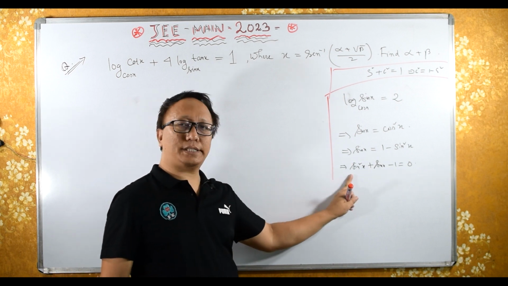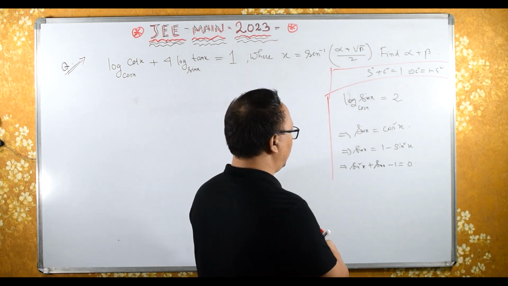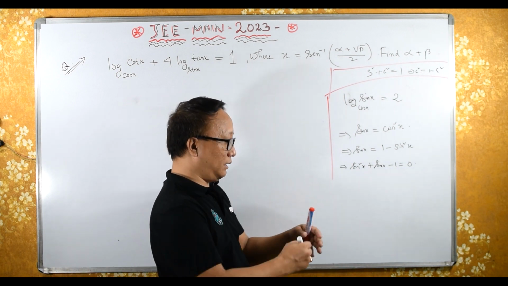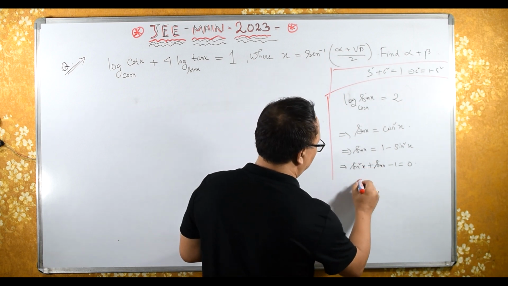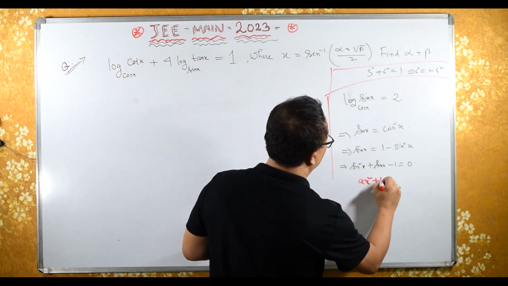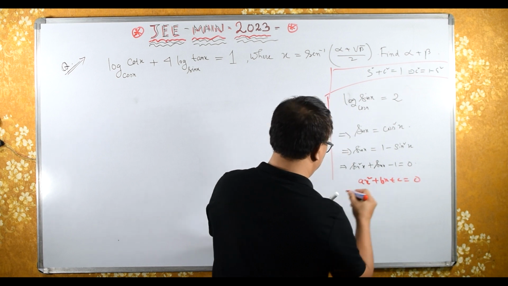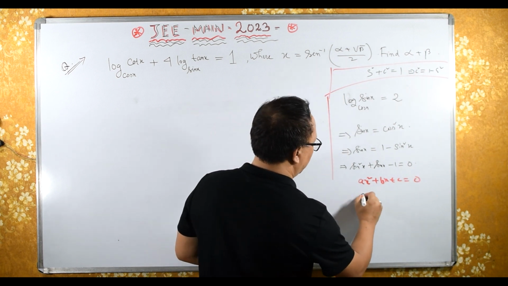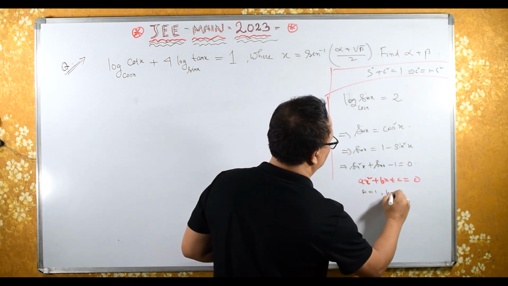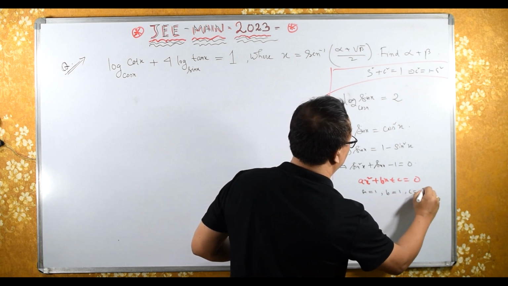This is quadratic in sin x. Okay. So it is of the form ax square plus bx plus c. So now it is of the form ax square plus bx plus c equals to 0. Here a is equals to what? A equals to 1, b equals to 1 and c equals to minus 1.